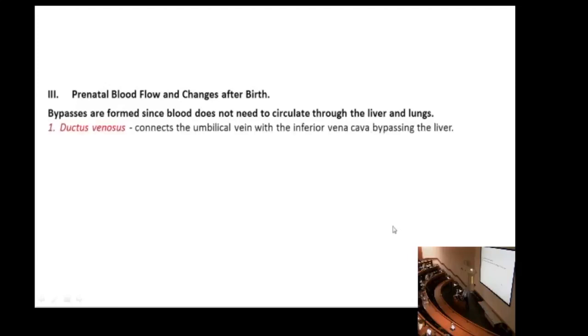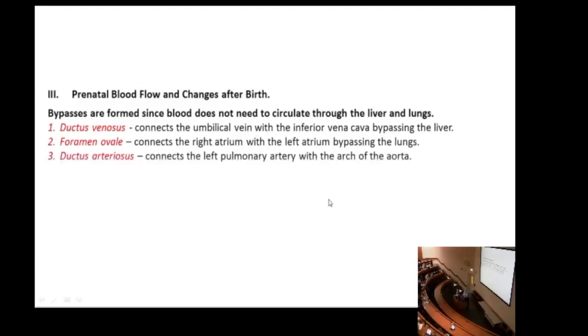And these bypasses would include the ductus venosus, which is going to bypass the liver, a foramen ovale, which allows for shunting of blood from the right atrium to the left atrium, and a ductus arteriosus, which is there to collect the blood that somehow got into the right ventricle and got pumped out, but it goes, instead of into the pulmonary circulation, it shoots up through this ductus arteriosus into the aortic circulation.